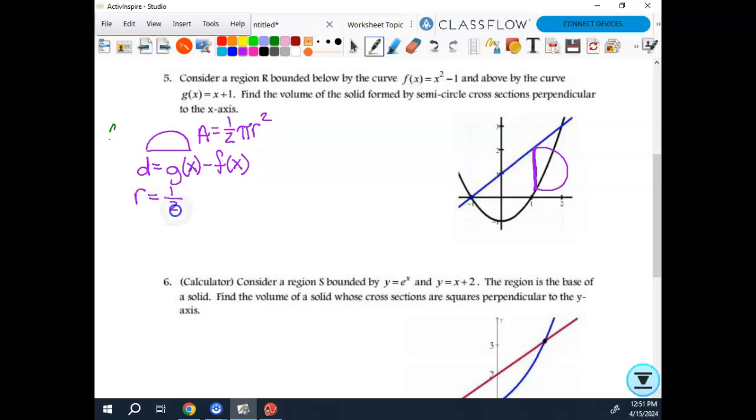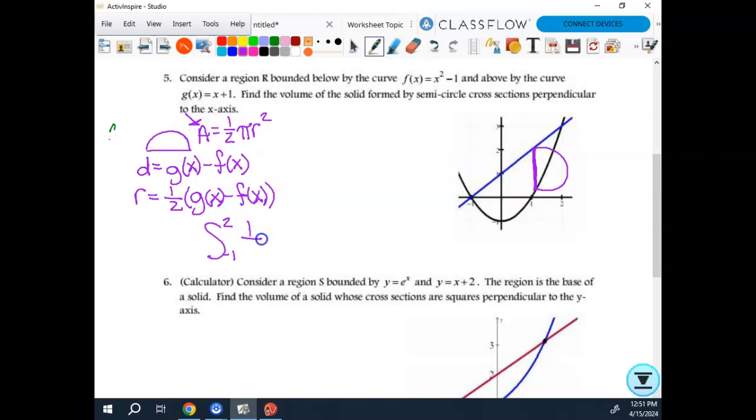1/2 of g of x minus f of x. Okay. And then I want to integrate, right? So I'm going to integrate from negative 1 to 2. And this is my area formula that I'm using.